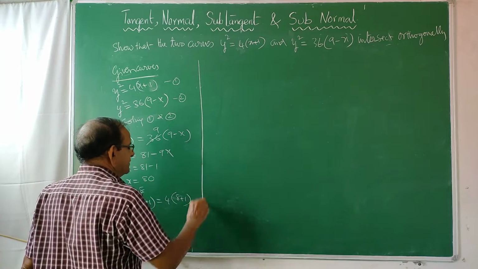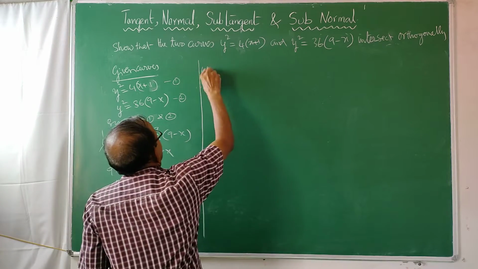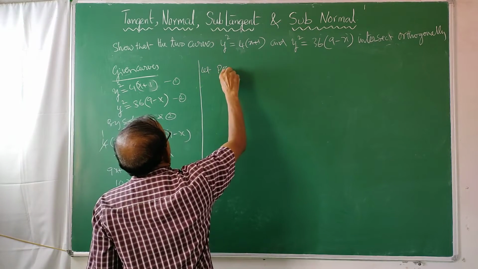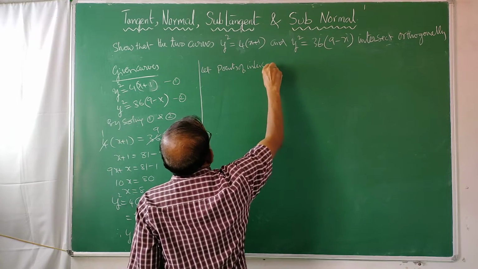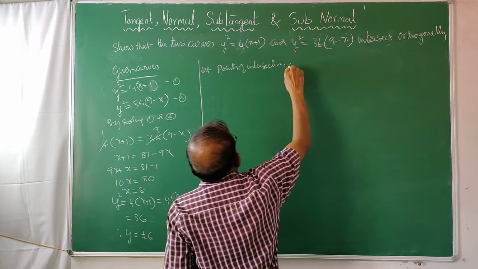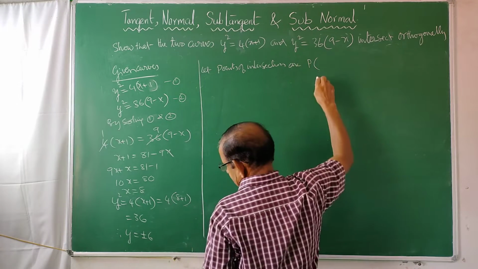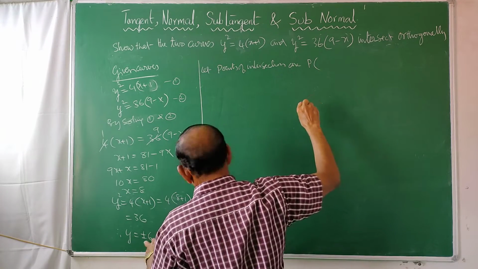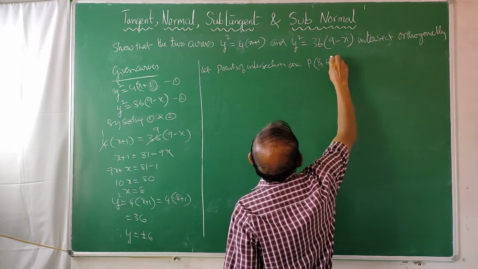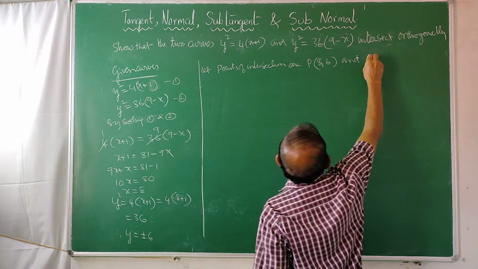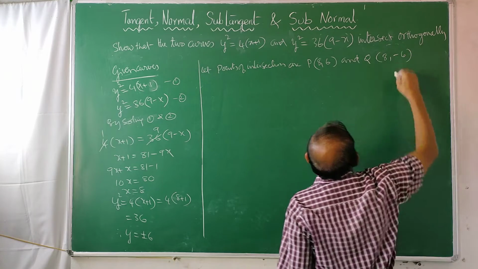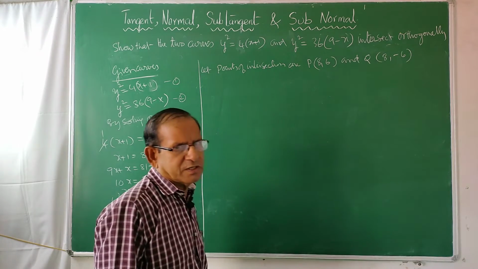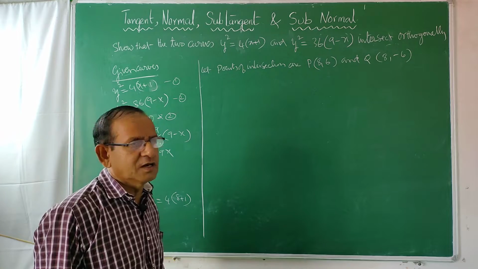Let the points of intersection be P, first point 8 comma 6, and Q, 8 comma minus 6. So at both the points we have to show that the two curves intersect orthogonally.